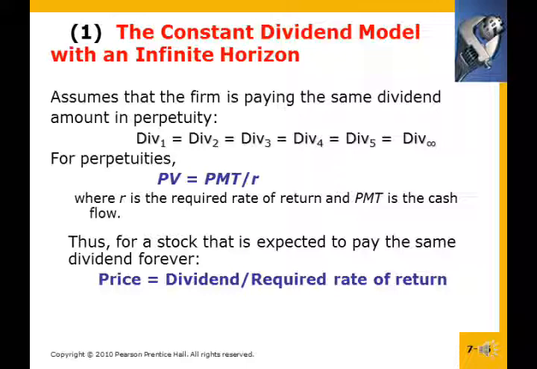So for stock, to get the present value of it, given you have constant dividend and no maturity date, you have to apply the rule price equals dividend divided by required rate of return. So you can conclude that the rule of the first model, which is the constant dividend model with an infinite horizon, is the same rule you apply in perpetuity calculations and consol bond in the time value of money chapter.